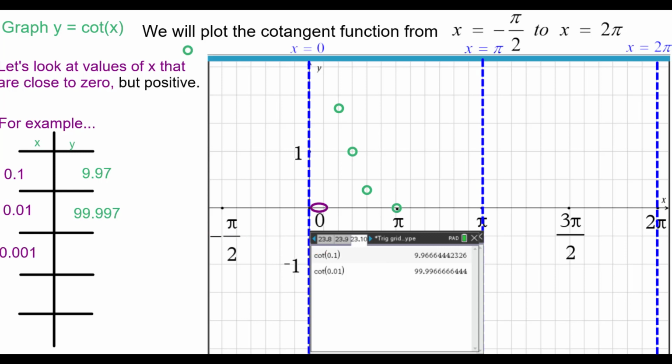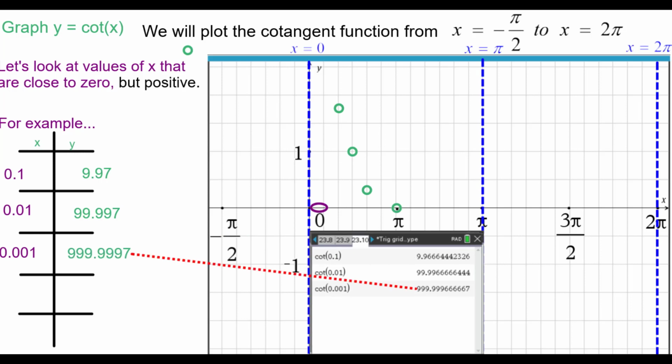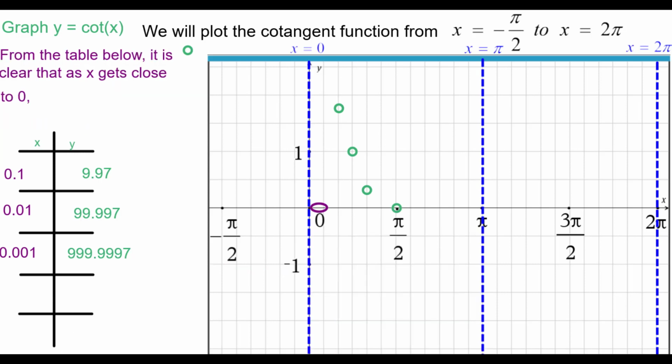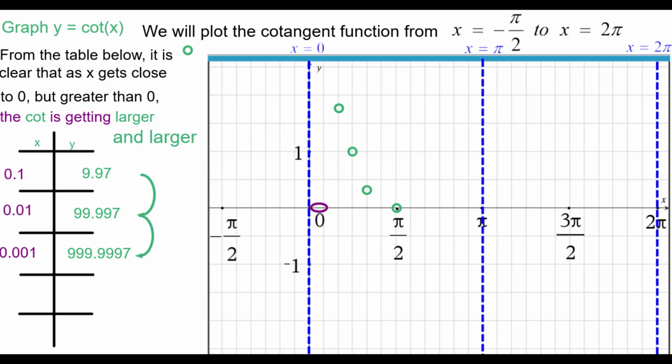And one more, maybe 1/1000. And the cotangent is a lot bigger number. You can see there seems to be a bit of a pattern here. So from this table, it's clear that as x gets closer and closer to 0, but greater than 0, cotangent is getting larger and larger.